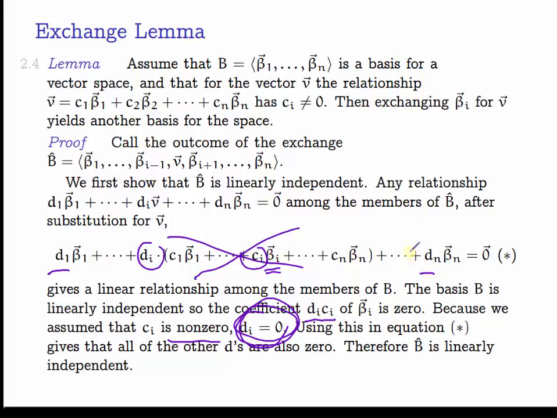Okay, so in this way we've shown that in fact every coefficient in this expression must be 0. All of the d's must be 0. And that means that there is no linear relation among these vectors. Okay, so these vectors are linearly independent. If I exchange Bi for V, I still end up with a linearly independent set of vectors.